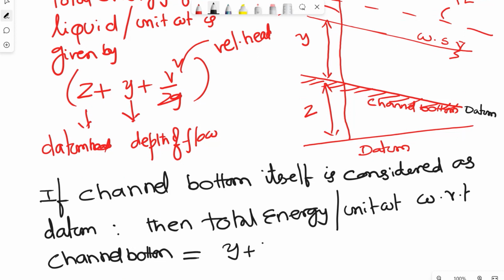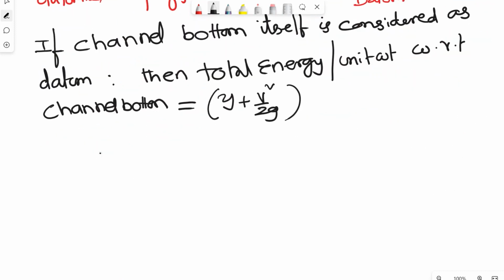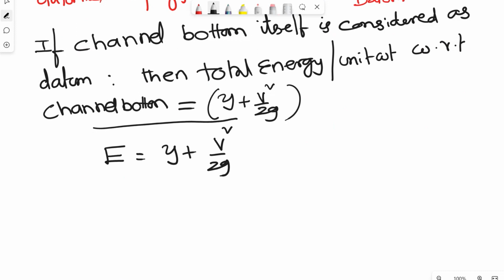Actually, it is y plus V squared by 2g. This y plus V squared by 2g is called specific energy. So specific energy is equal to y plus V squared by 2g.